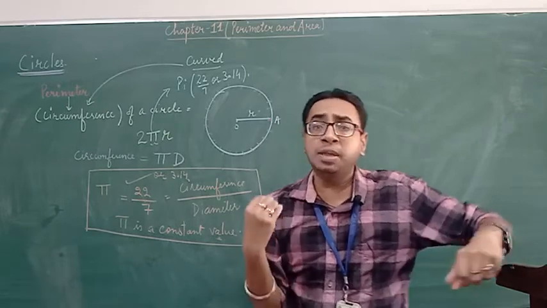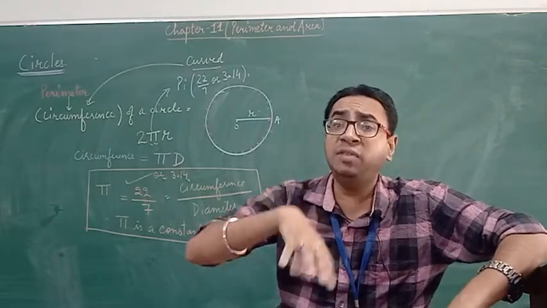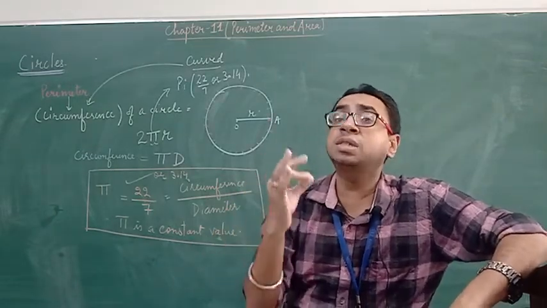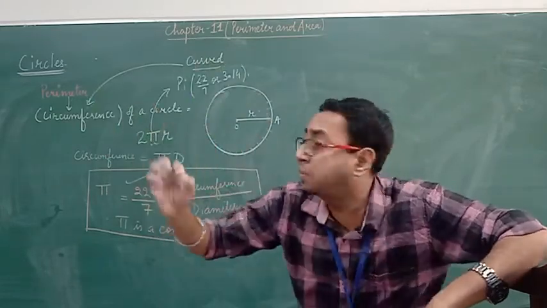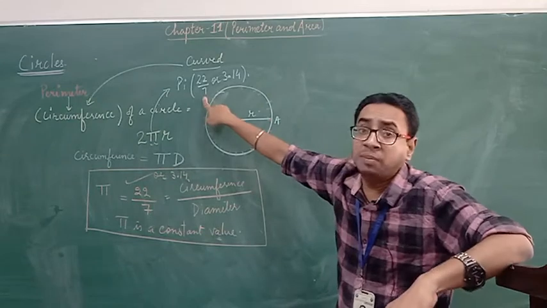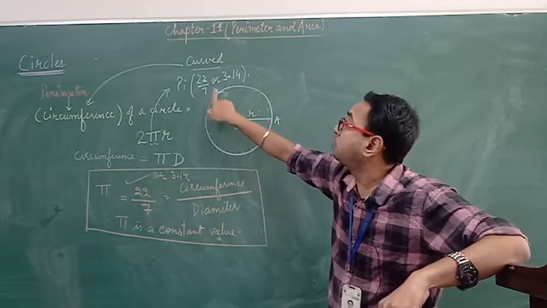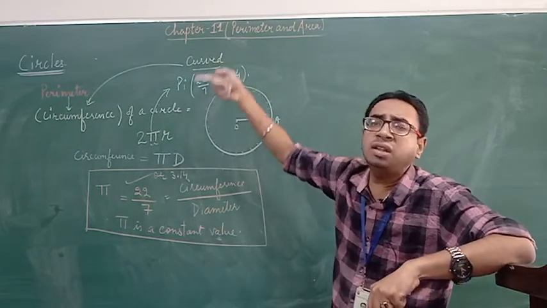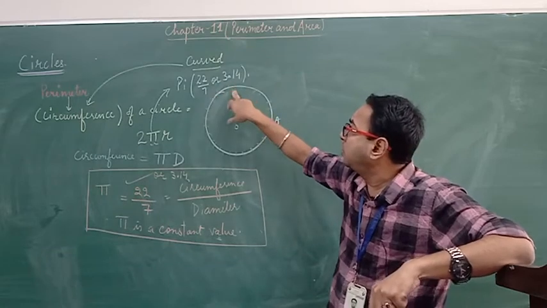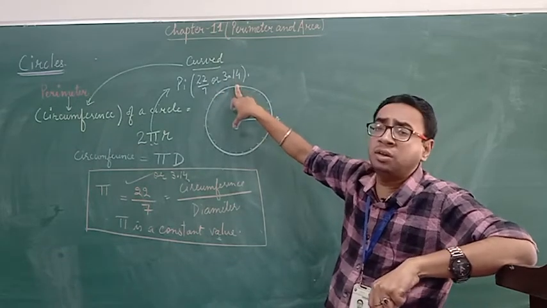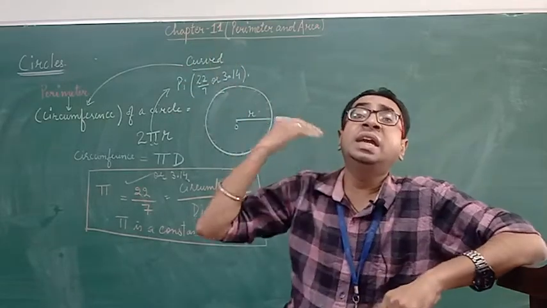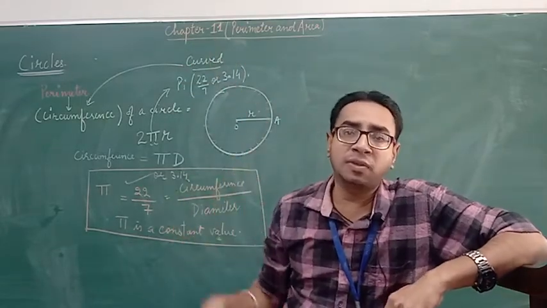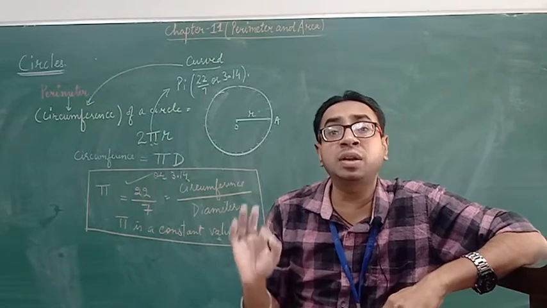If you want to simplify your calculation, just see what value is given for the radius, because radius is something which decides the pi value. If the radius is a multiple of 7, you can easily cut. Or if the radius is a multiple of 10, you can simply solve that. So you have to be very smart in that case.